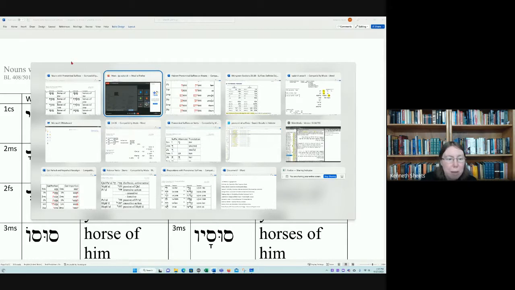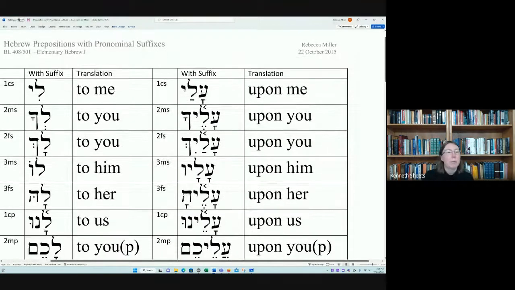So here we have prepositions with pronominal suffixes. Remember the prepositions that we have talked about so far: the bet preposition, the lamed preposition, and the kaf preposition.